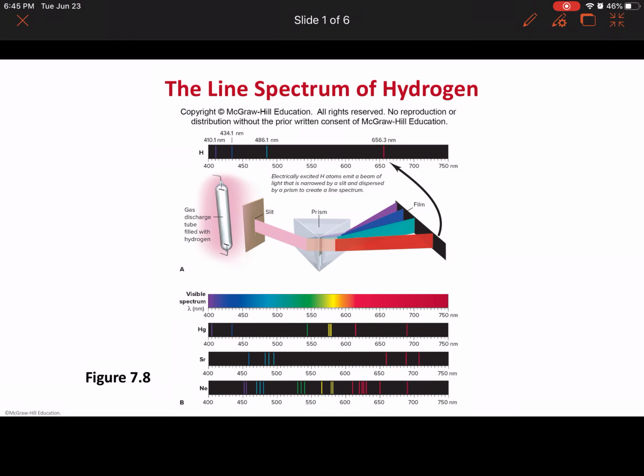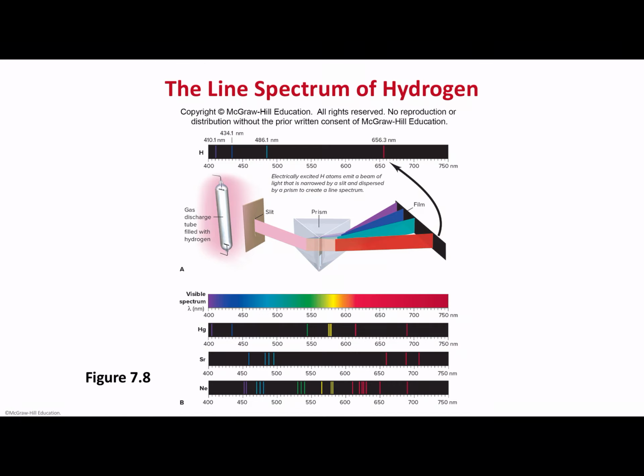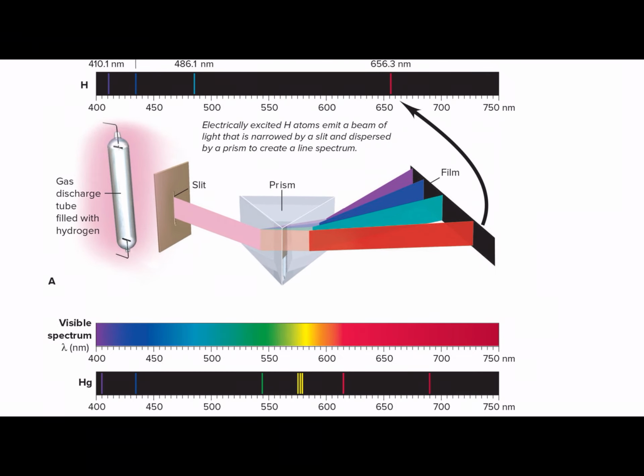I hope you remember in the lecture, chapter 7, we talked about the visible spectrum going from wavelength 400 to 750. Using a spectroscope, you will see the device in the virtual lab. When you look through that, even if you look at the sky, or maybe at an incandescent bulb, you will see all the colors that you find in a rainbow, going from 400 nanometers to 750 nanometers, which is the visible range.